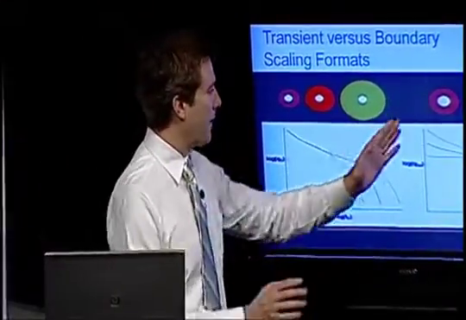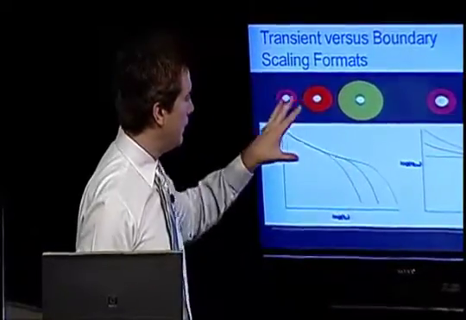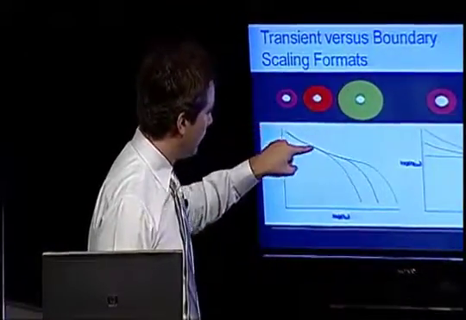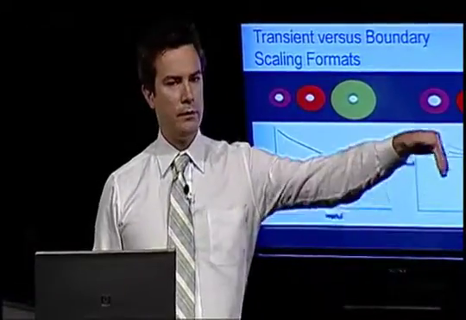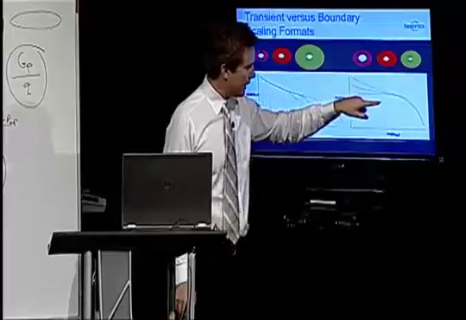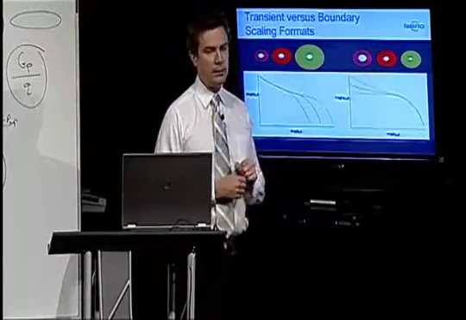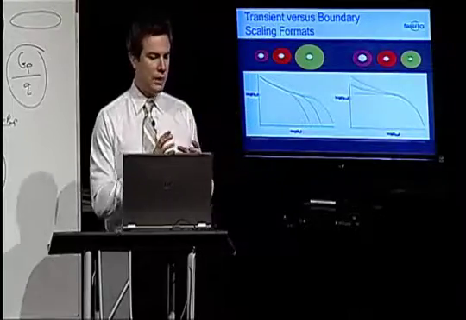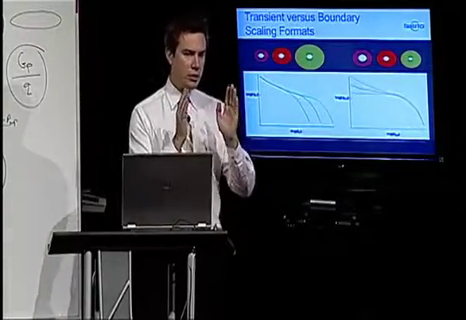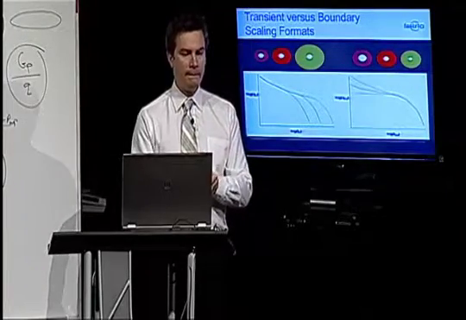The only thing that matters is how I'm plotting each one in relation to the others. In this format, I'm aligning all the transient stems so that the boundary stems will fan out in different locations. In this case, I'm aligning all the boundary stems so that the transient stems will fan out in different locations. So it's a subtle change. It doesn't change anything to do with the underlying model. It just changes how I'm plotting the type curves relative to each other.